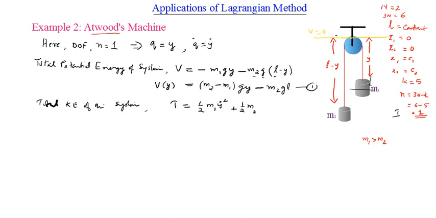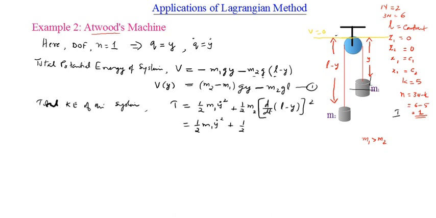into, see, what is the coordinate of m2? It is L minus y. So if you want, I can write it like this: d by dt of L minus y, whole square. I need not complicate it like this, but let me write it so that you can understand the mathematics. So it is half m1 y dot square plus half m2.